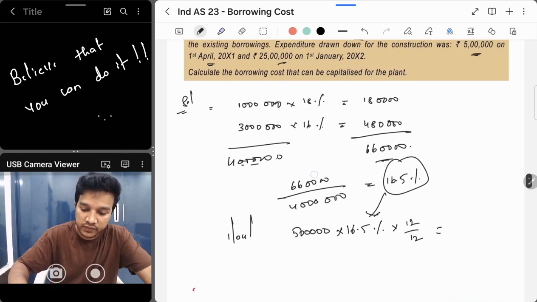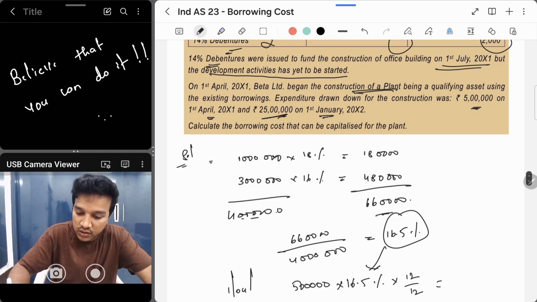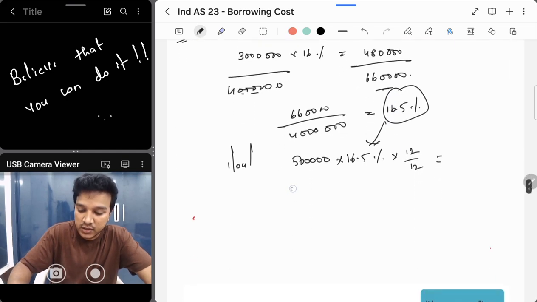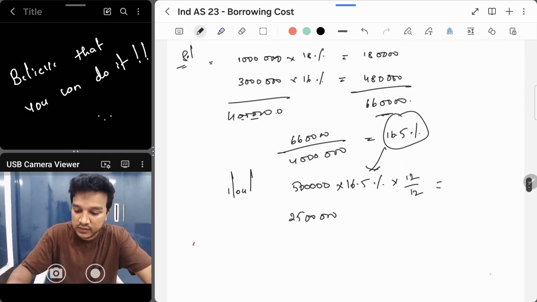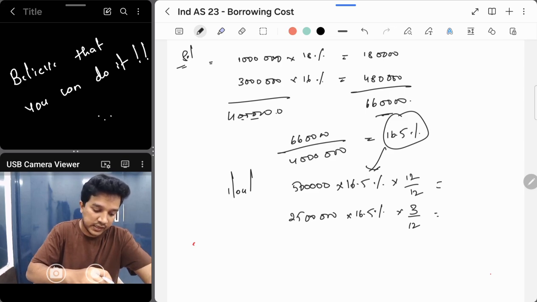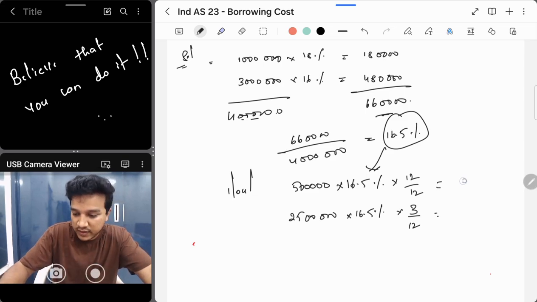Now second is, if you see here 25,000 on 1st January, this is only for 3 months. 25 lakhs only, no? Yeah, so 16.5% into 3 divided by 12. 5 lakhs into 16.5% into, yes, that's it, 82,500.